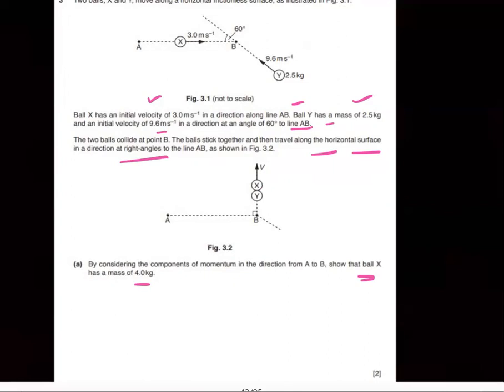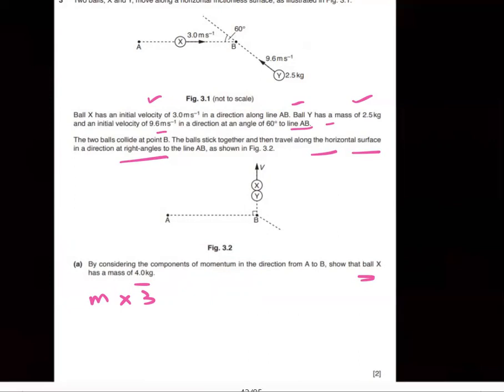Okay, so what is momentum? I would be saying m, mass, into 3, that is the speed of this particle in this direction, and this particle has two directions and a 60 degree angle, right?